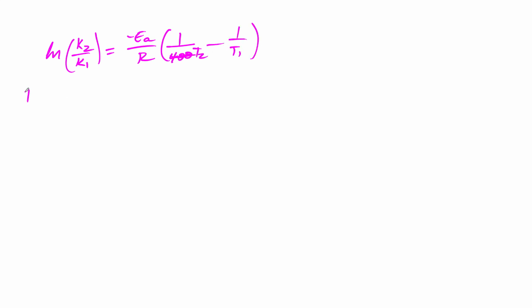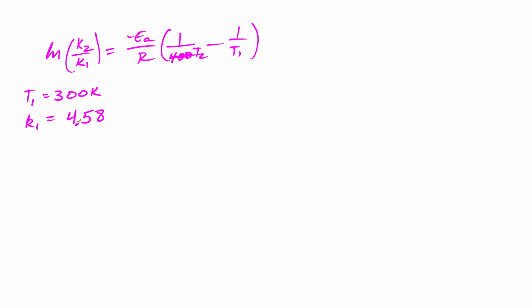And so what we're going to do is take this equation: log of K2 over K1 is equal to minus Ea over R times 1 over T2 minus 1 over T1. Let's take 300 as T1, so 400 is going to be T2. So T1 is 300 Kelvin, therefore K1 is 4.58.